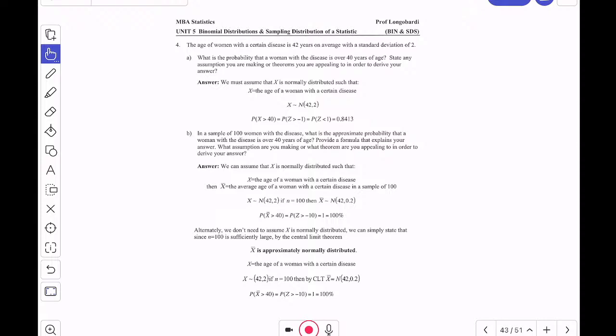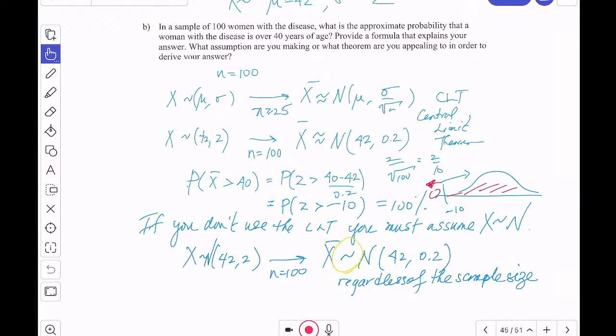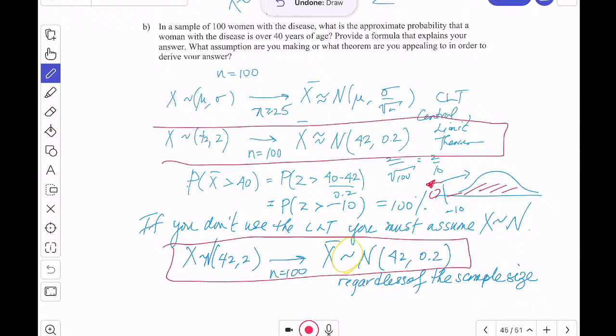You have the result if you have normal distribution, which is this one. And you have the results if you don't, and you use the central limit theorem.